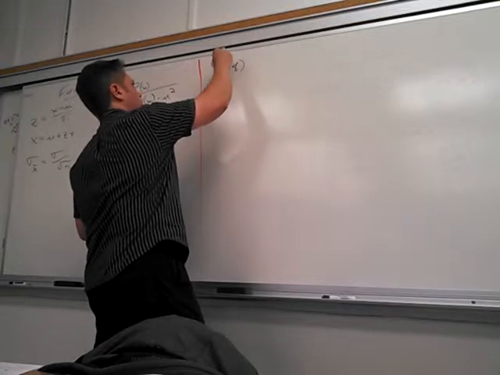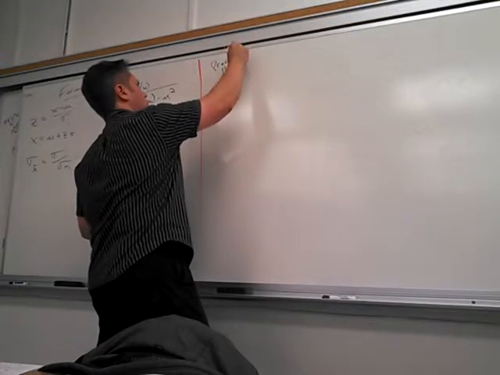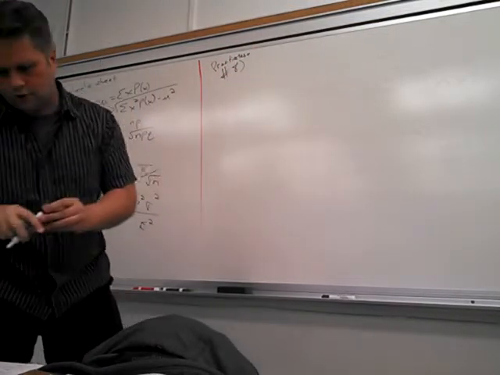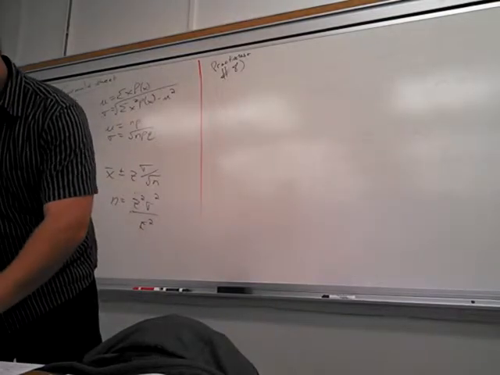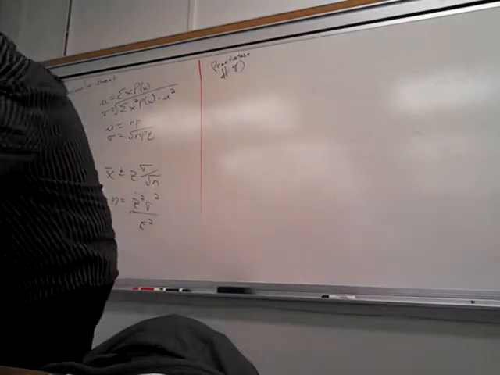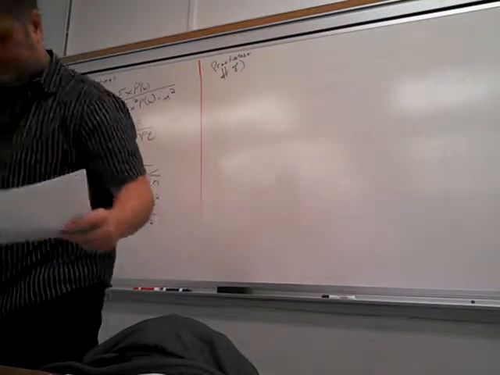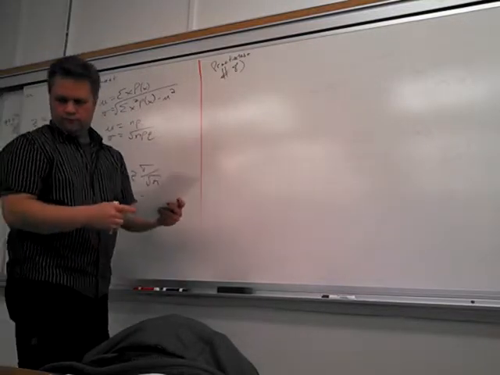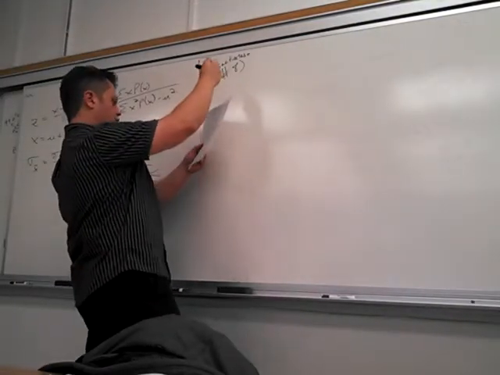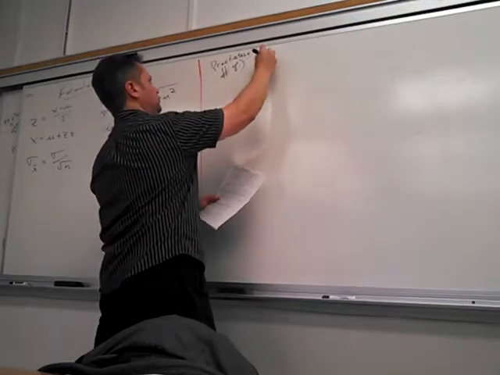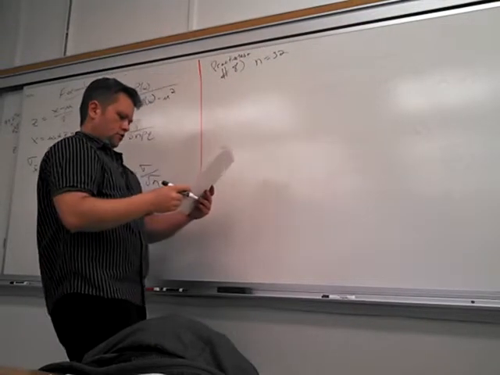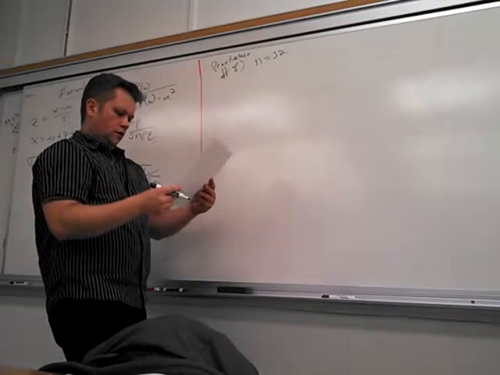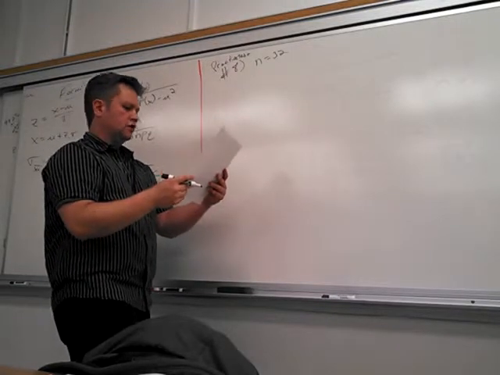This is number 8 from the practice test. Yeah. So it tells you a sample of 32. Okay, cool. So N is 32. The mean time spent is 6.1 hours a week.